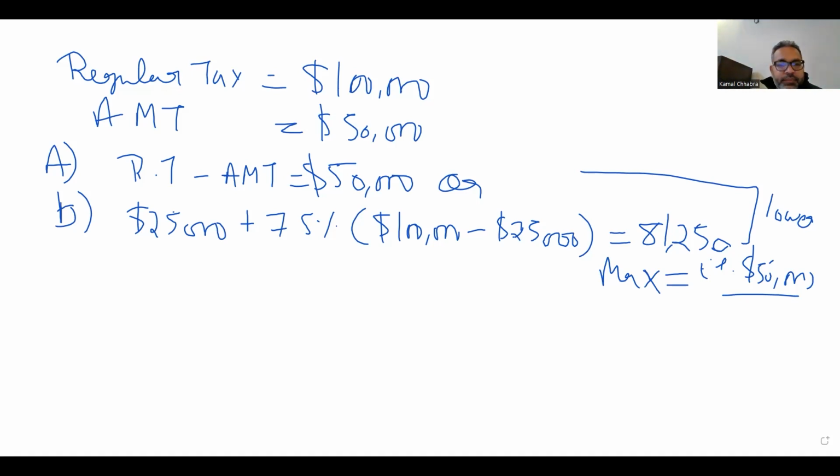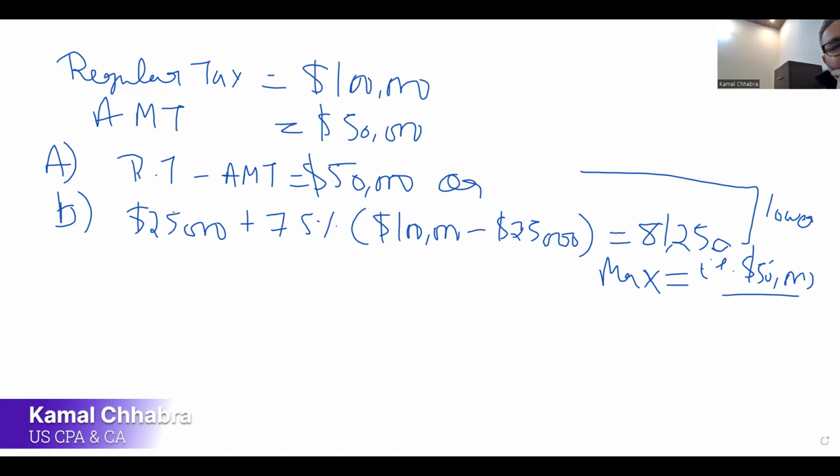And the second point says any unused credit may be carried back 1 year and carried forward 20 years. For example, this year your tax credit is 50,000, and you will be reducing this tax credit from regular taxes. In this example, it's not fitting, so let's take another example.